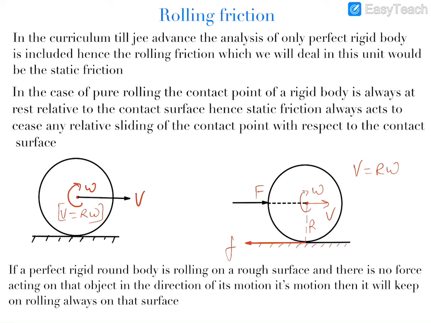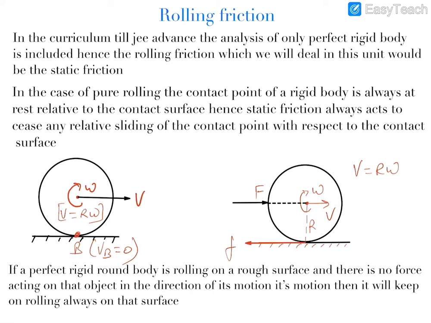In this case, I'll demonstrate that this point has a velocity of v, and this complete rigid body is rotating about its center of mass with an angular velocity of omega, in such a way that v is equal to r omega. So this point B has a velocity of 0, which means that this object is rolling purely and the point of contact is not moving.